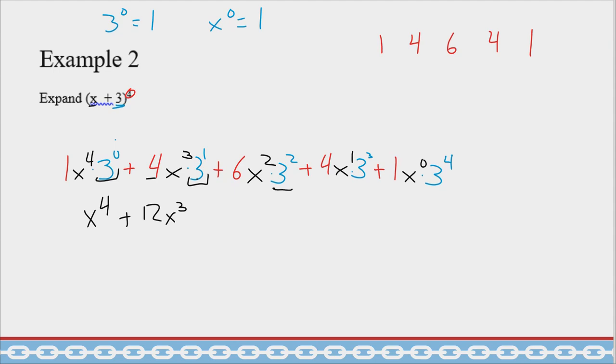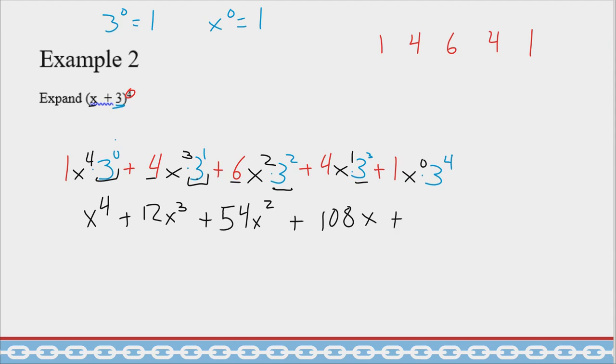Here I get 3 squared is 9. 9 times this 6 is 54 x squared. 3 to the 3rd would be 27. 27 times 4 is 108 x to the 1st, or just x.